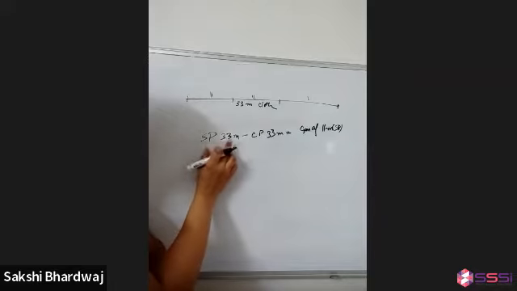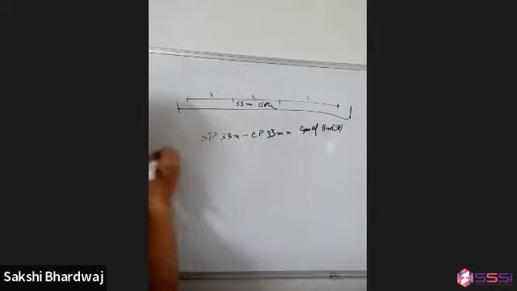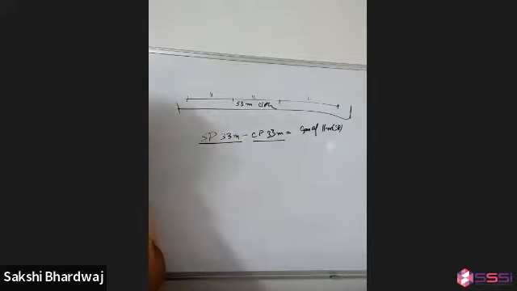This one वाला part is the profit. So the selling price of 33 meter minus cost price of 33 meter.